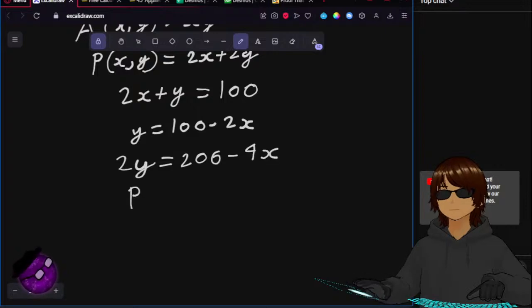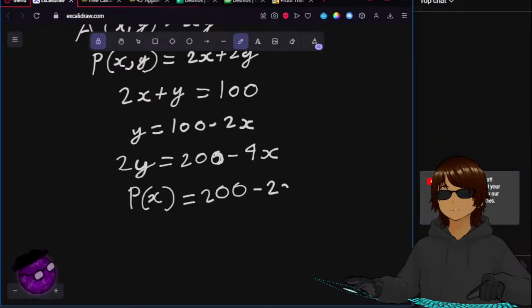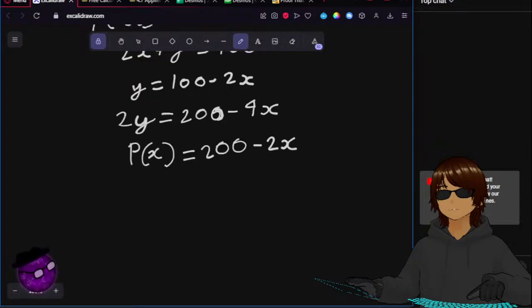So then the parameter only by using x is going to be 200, this is 200 minus 2x. X at max can only be 100. That means the fencing would just be one straight line.